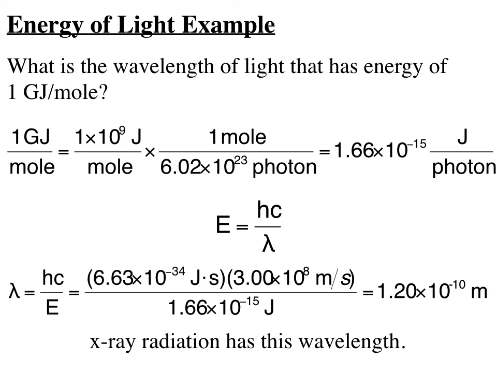I will use E equals hc over lambda, rearrange that equation so that it reads lambda equals hc over E, and I will plug in my h value, same Planck constant that you use in all these problems, the speed of light, same value I use in all these problems, but in the denominator I will divide by the energy in joule per photon, which is 1.66 times 10 to the minus 15 joules. So I'm going to get wavelength of each of these photons of 1.2 times 10 to the minus 10 meters.